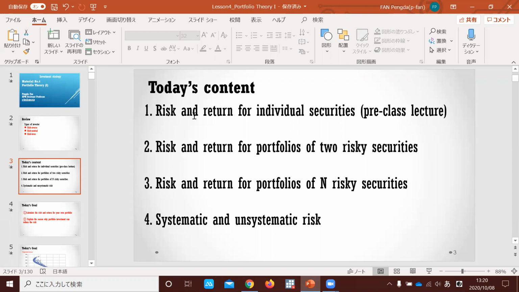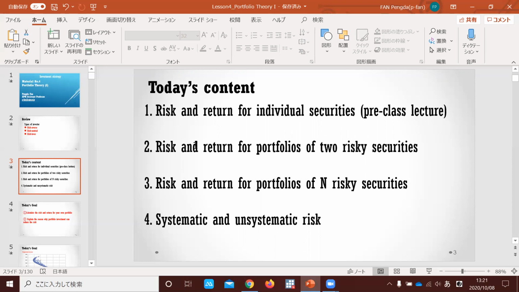Your portfolio includes only one security. In that case, what is the risk and expected return for your portfolio? So basically, we are going to cover the standard deviation calculation in this pre-class lecture.